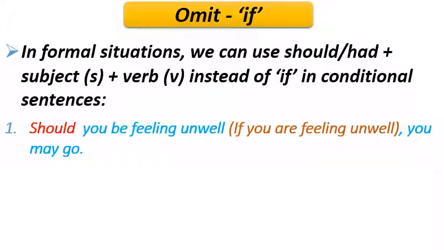Now you can see clearly that should is used in the beginning of the sentence to show condition. Whenever you omit if and use should or had, you have to write should or had in the beginning of the sentence to show condition. And as you can see, in the if clause we have used are, the form of be.